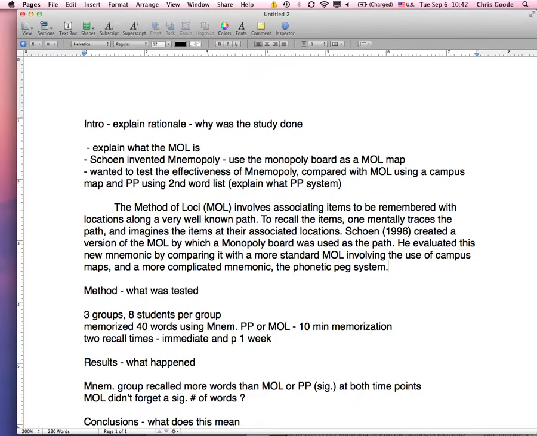Now, next I would describe the phonetic peg system, and then get into the method of how he compared all of these things. And that flows nicely. Did you see how it flows right into the method section? Because I said, here's what he wanted to do, and then the next paragraph is here's how he did it.